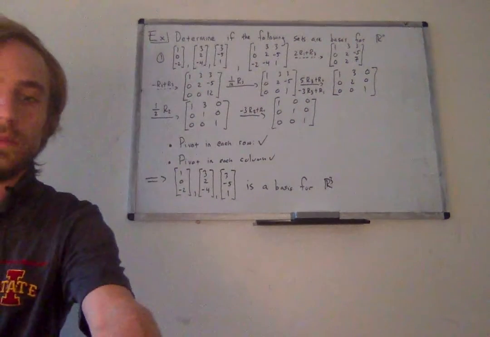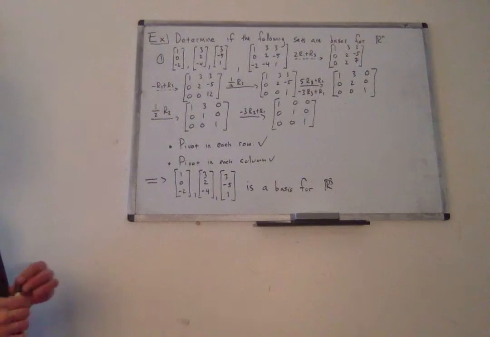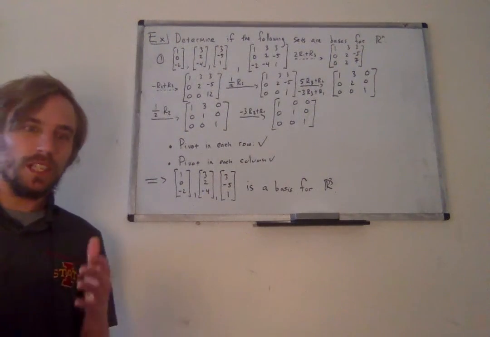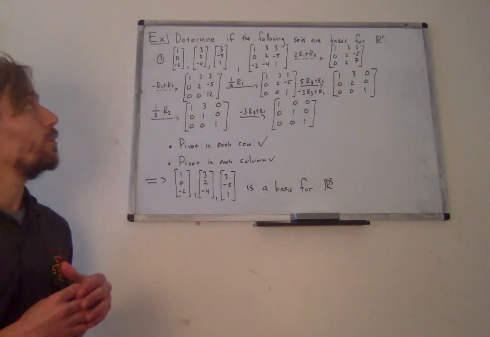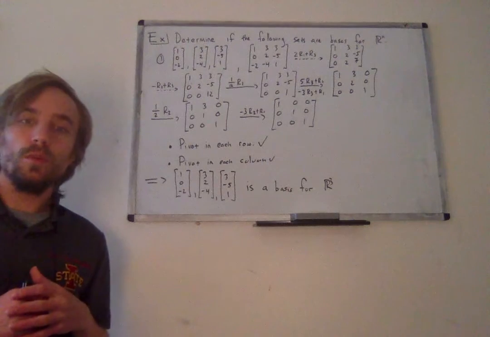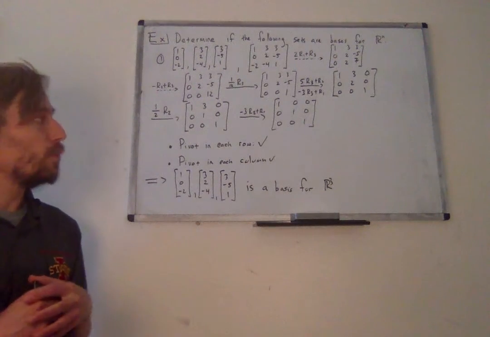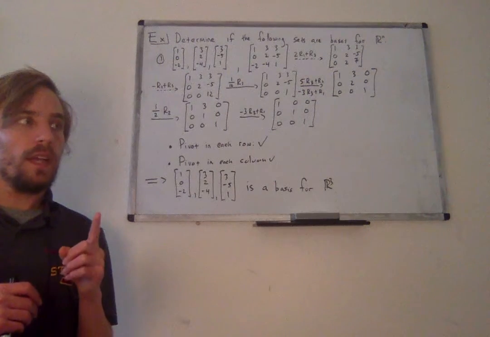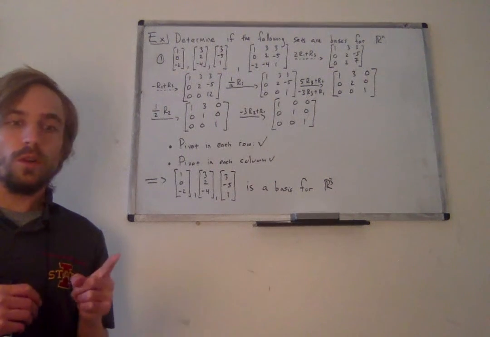So normally this is how you would do it if you were given a set of vectors and maybe didn't have another way, and we'll see with a couple more examples, sometimes there are ways you can get around having to do the full process. But given a set of vectors, this always gives you a foolproof way to determine whether or not you have a basis.